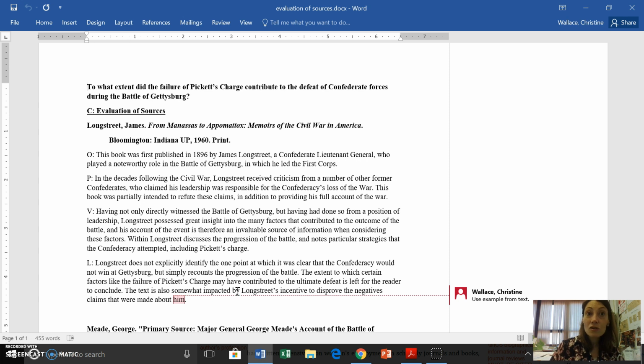And it doesn't mean that the source's stories about Pickett's charge aren't important. That's still valuable. This guy was there and he was critical of General Lee, calling Pickett's charge and all of that. But at the same time, because this source is coming from a place where it's defensive in nature, the purpose itself is the limitation.